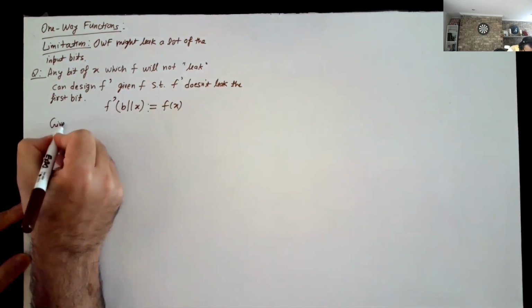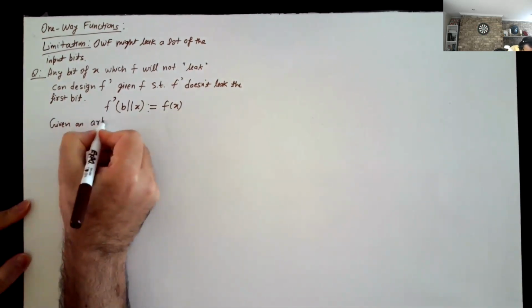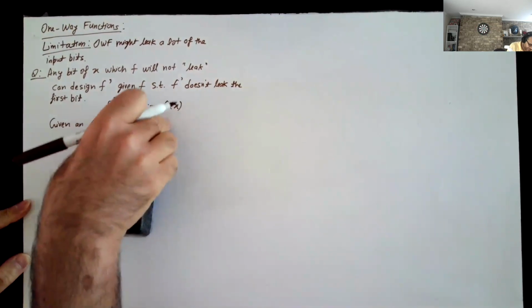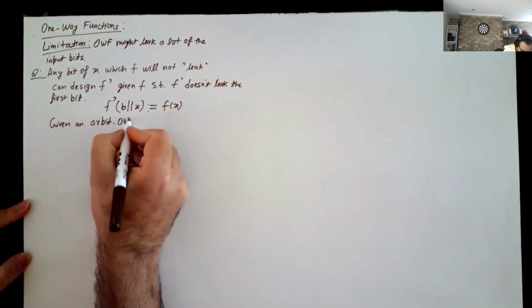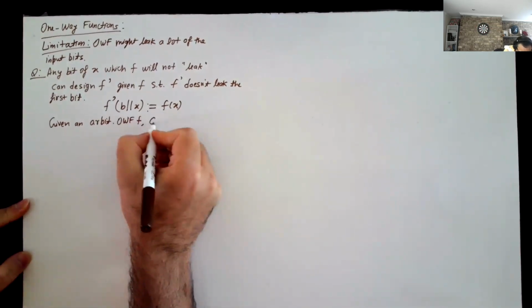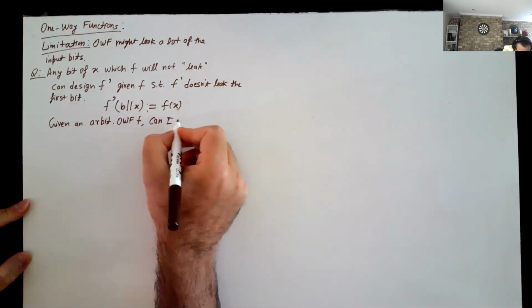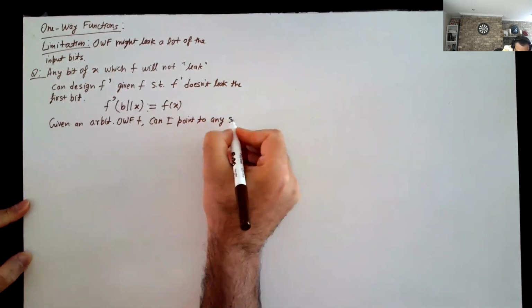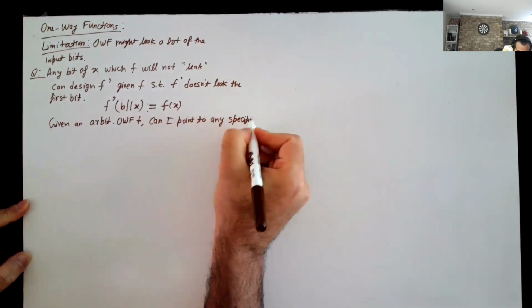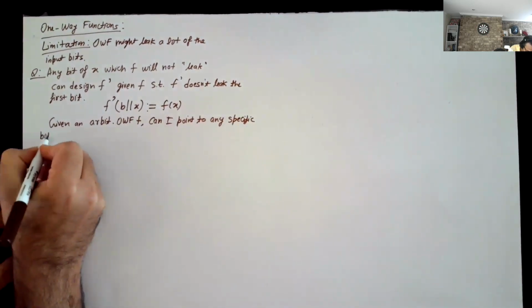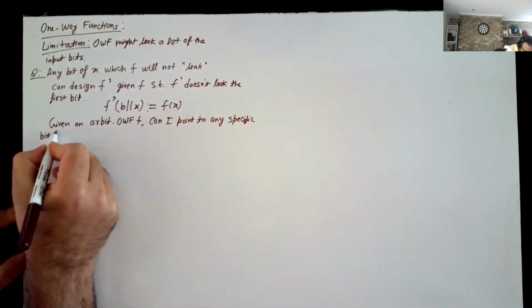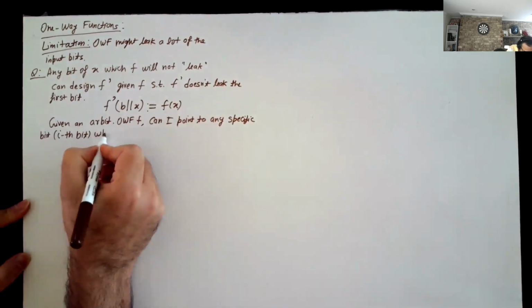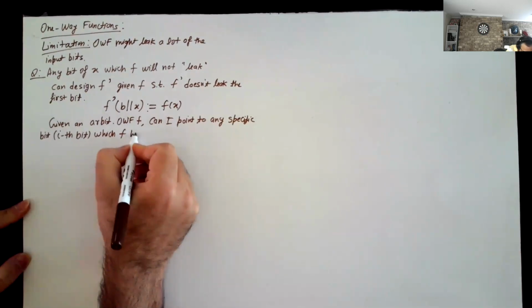I'm given an arbitrary one-way function f. The question is, can I point to any specific bit, let's say the ith bit, which f hides?